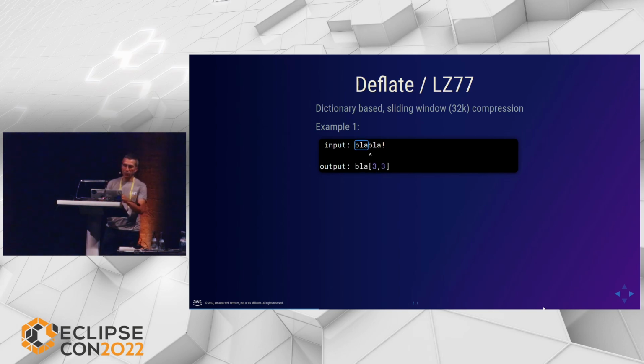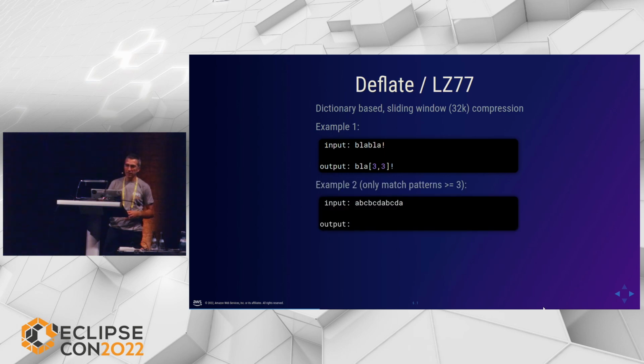Then when we see the second B, we look backwards and see, oh, we already saw B, but we didn't only see B, we also saw L and A. So instead of outputting the next three characters, we output a relative back pointer that says three characters back, we already saw the next three characters. We output this offset-length marker. That's how it works, and that can already lead to quite good compression for some data.